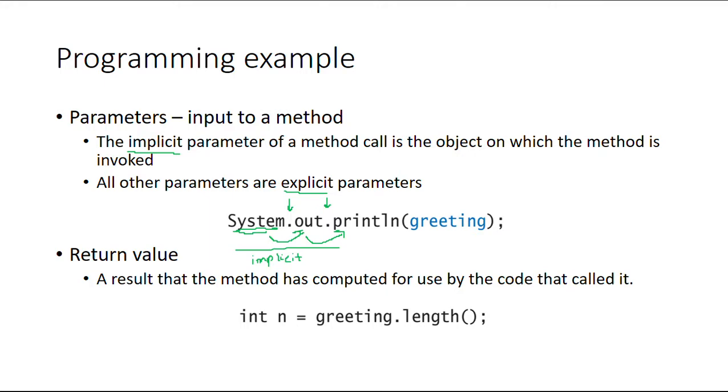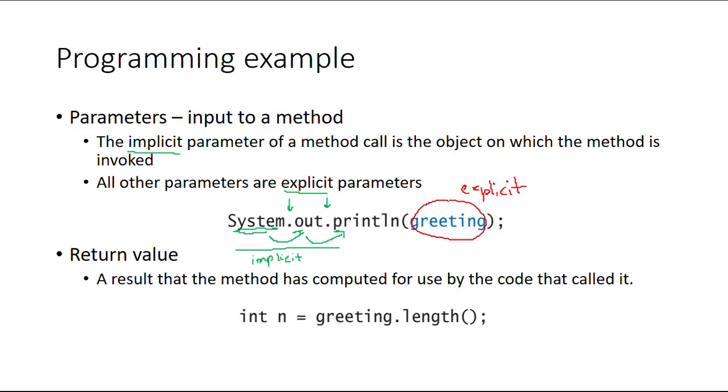Okay, explicit ones are the ones where you're telling it in a hardcore way what it is. Okay, so this part over here is explicit. Okay, this part over here is explicit because most of the time they're inside the parentheses.